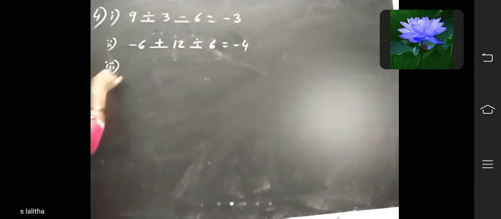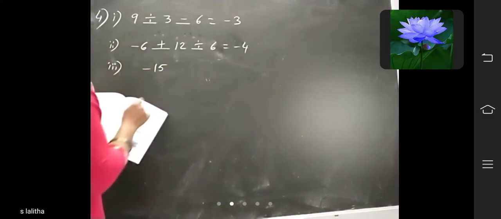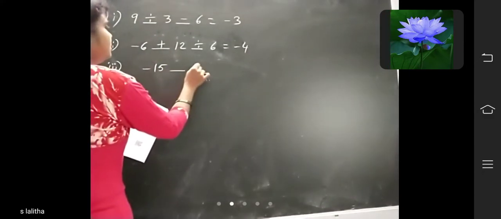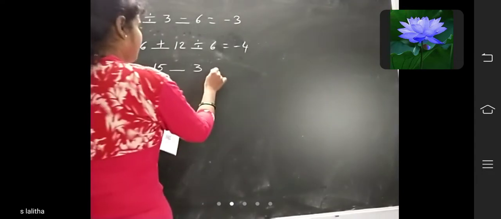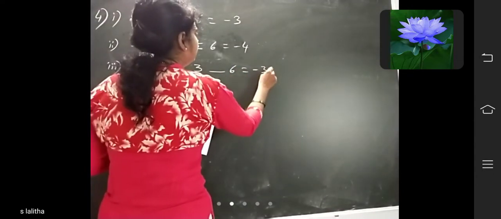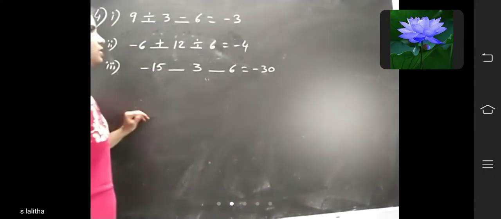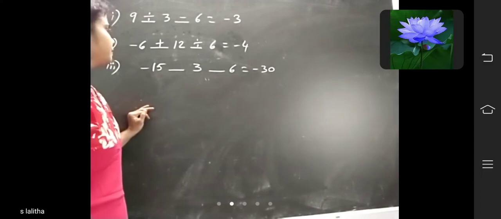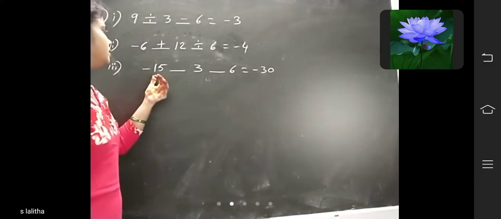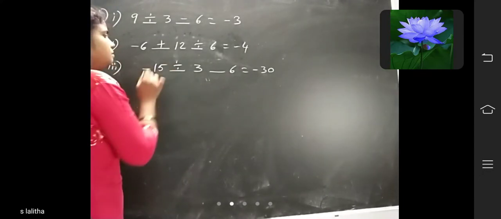Next, third one. Minus 15 dash 3 dash 6 equal to minus 30. What operations do we use here? Here it is 15, here 3. We should take the divide symbol here.